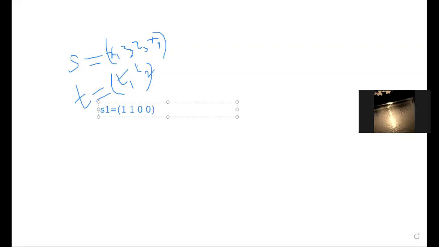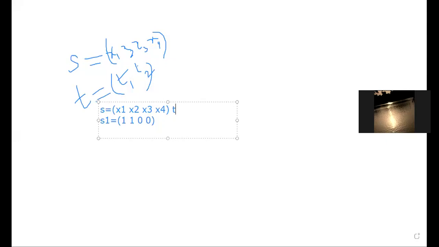Four variables are mentioned. Okay, initially your S matrix. S is the input row vector, X1, X2, X3, and X4.